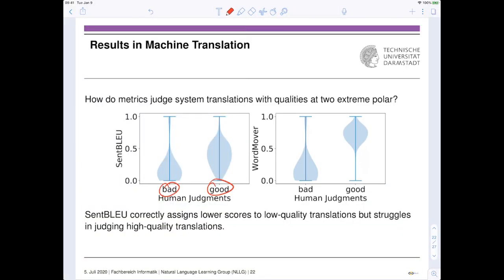On the left side, we see sentence BLEU often assigns low scores to bad translations, but some good system translations are also assigned low scores, which means sentence BLEU has difficulty distinguishing bad system translations from good ones. However, on the right side, we see our MoverScore can correctly assign low scores to bad system translations and high scores to good system translations.